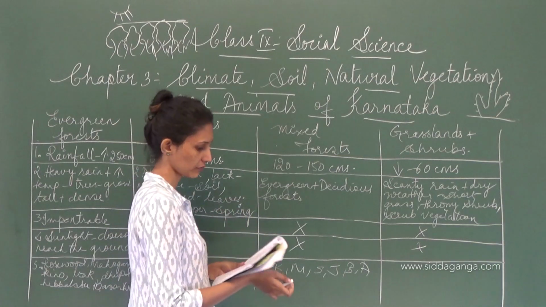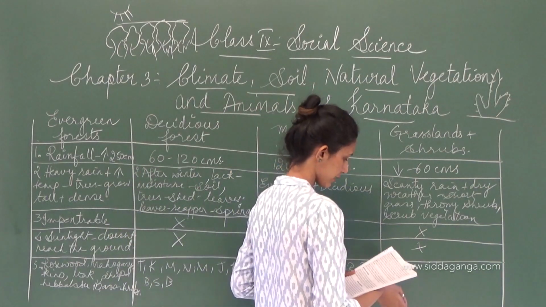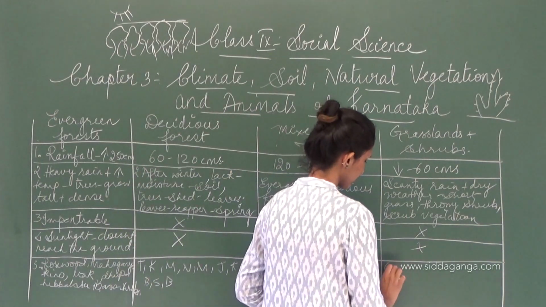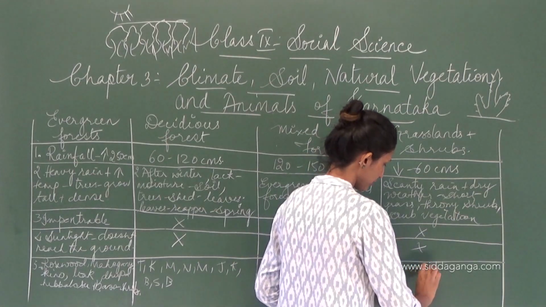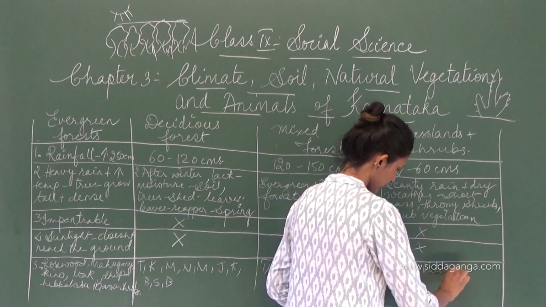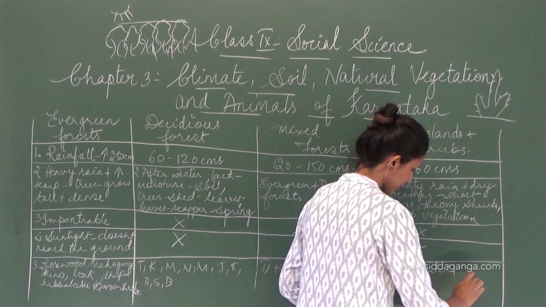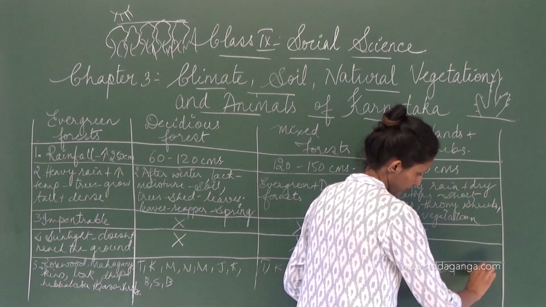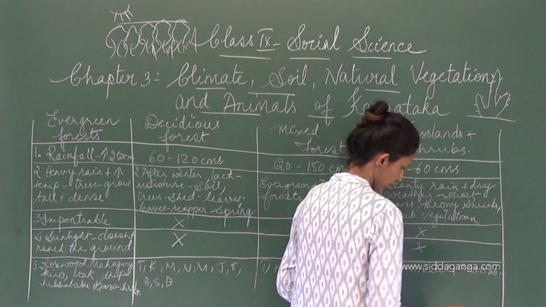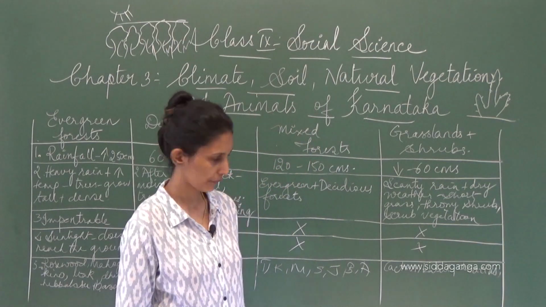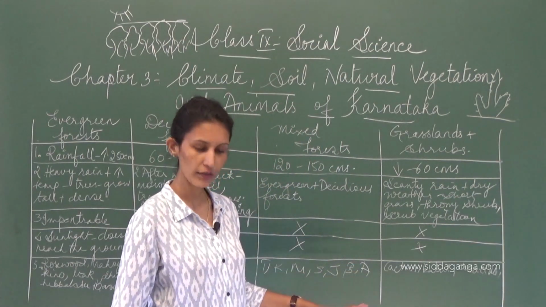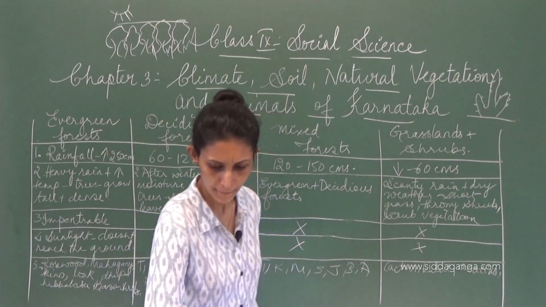In this it is cactus, babul, acacias, peepal tree, palas and neem. So this is the fifth point. We'll move to the sixth point.